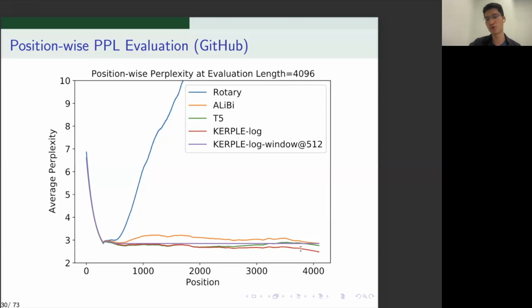When the sequence length increases, for example, when it's at 4,000, its perplexity score is actually the lowest among all the input positions. So I think this indirectly verifies that the newly proposed relative positional embedding is actually using more token information when the sequence increases.